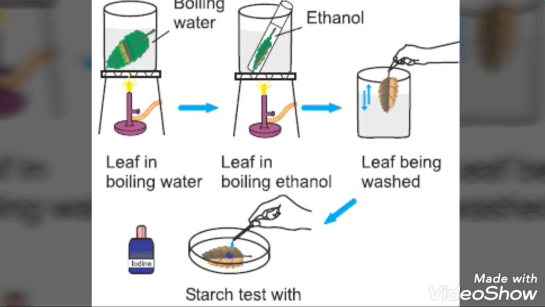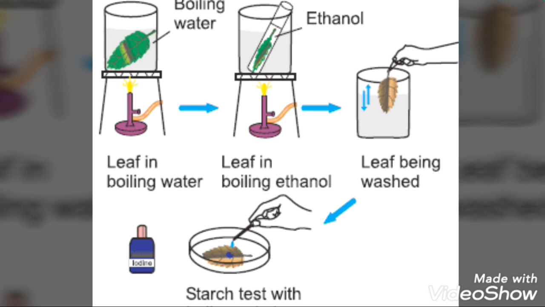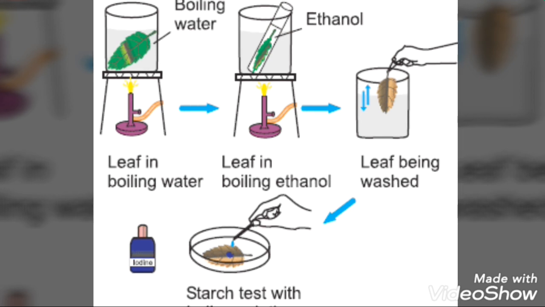Then keep this potted plant in sunlight for 3 to 4 hours in the morning light, so that the plant can conduct photosynthesis. Then take out one of the leaves, then dip it in warm water so that all the enzyme reactions can be suspended.